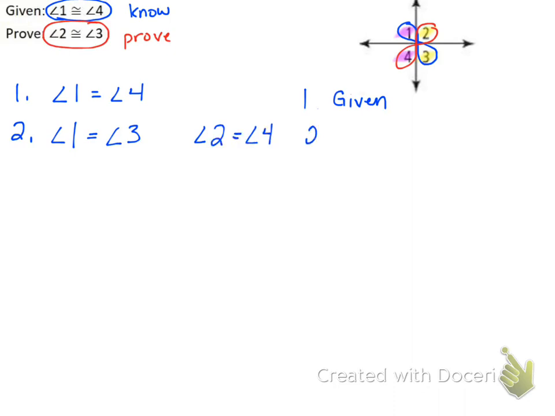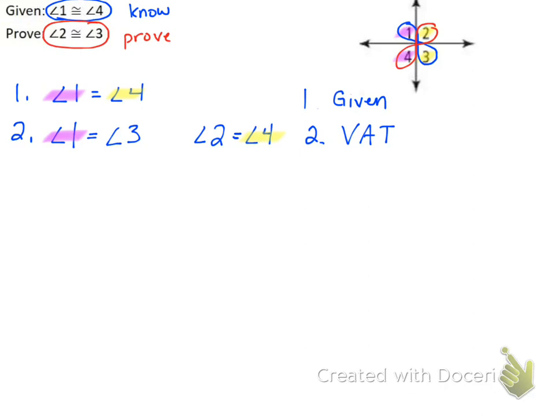And again, both of those I know by vertical angles theorem. And so the important thing is, again, I want my last step to say that 3 and 2 are the same thing. And so what I have here is I've got 1 in common between these two, and I've got 4 in common between these two.